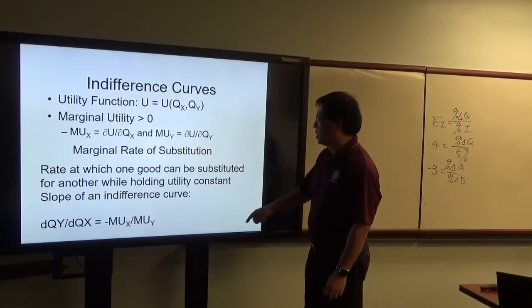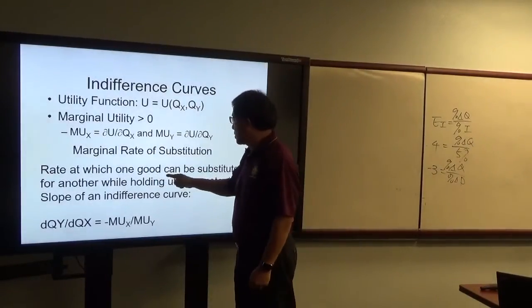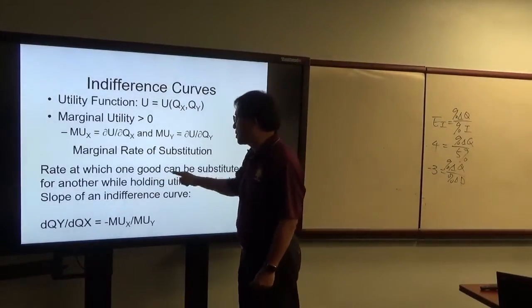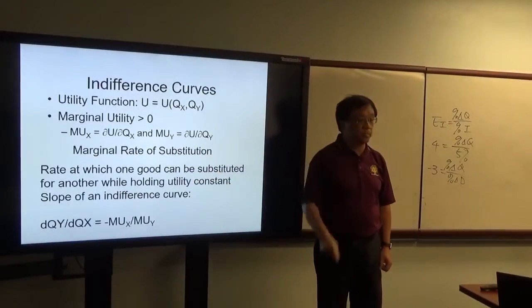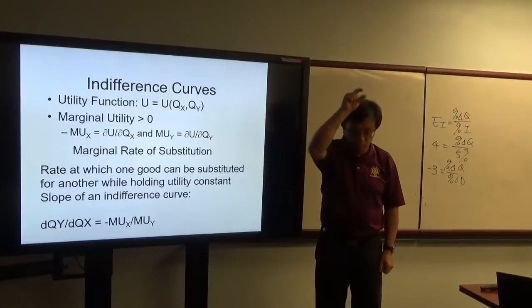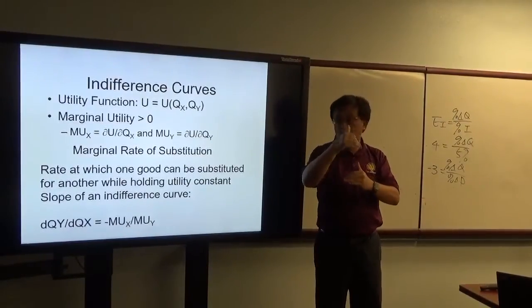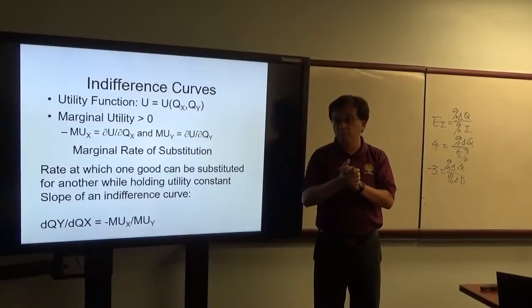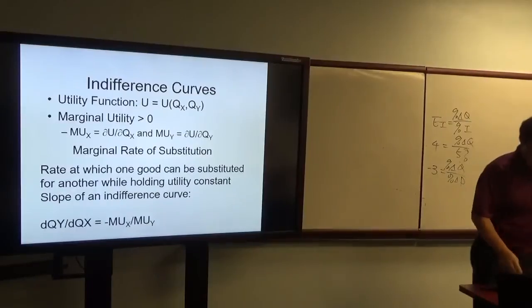So basically, it's the rate at which pizzas can be substituted for beer. If we move around the same curve and you have more pizza, you have to give up more and more beer. That's the rate.